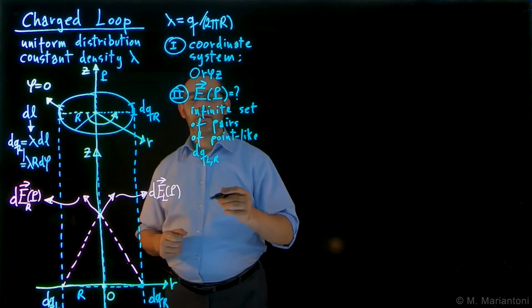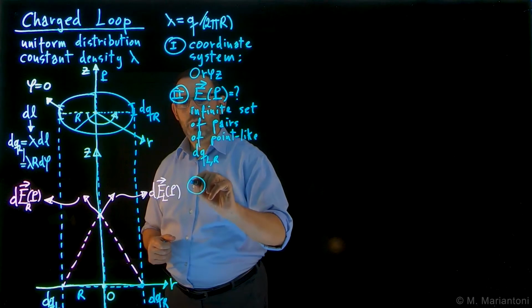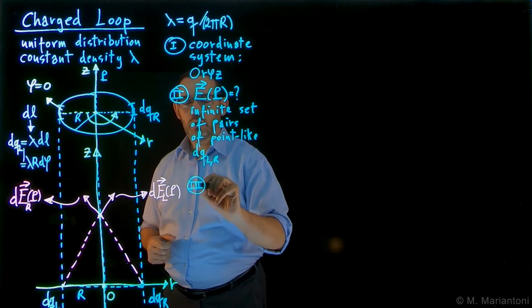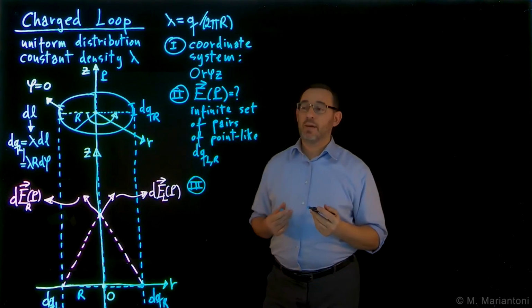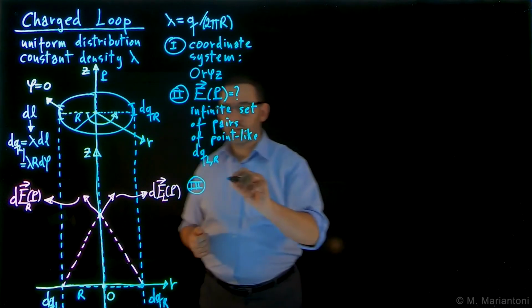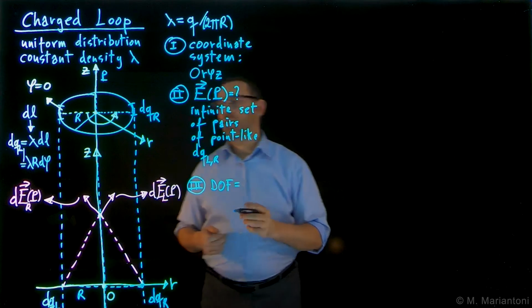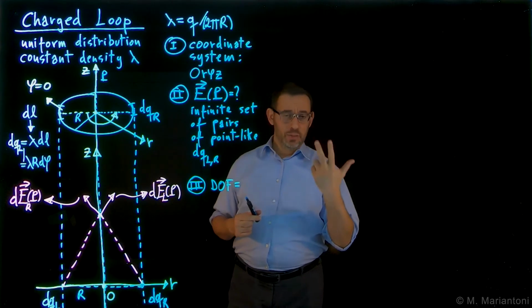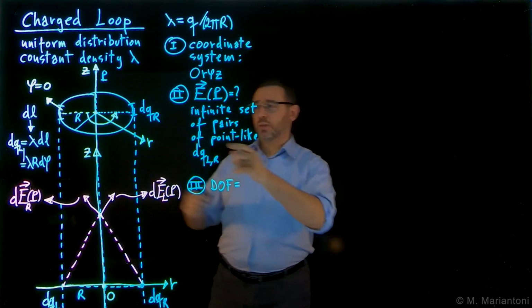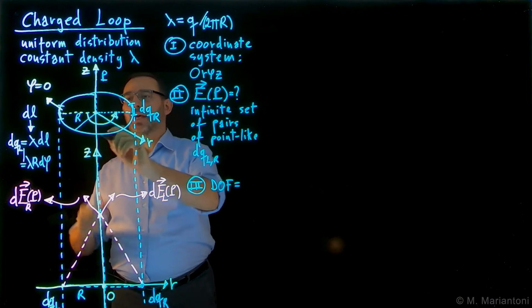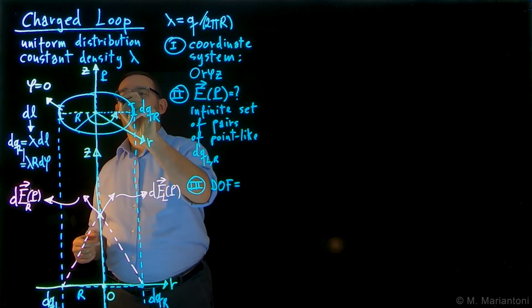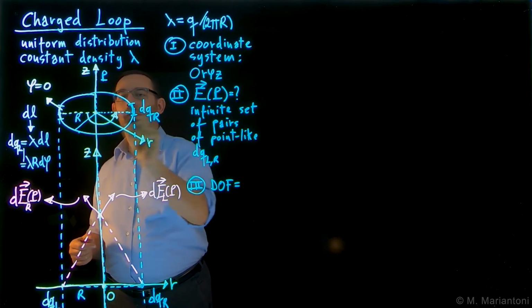Okay, what is the third step that we need to do to solve this problem? The third step is to attempt to find the degrees of freedom. Obviously, this is very similar to the problem of the hexagon. Instead of 3 pairs of opposite charges, in the hexagon we had 3, right? So 1, 1, 2, 2, 3, 3.